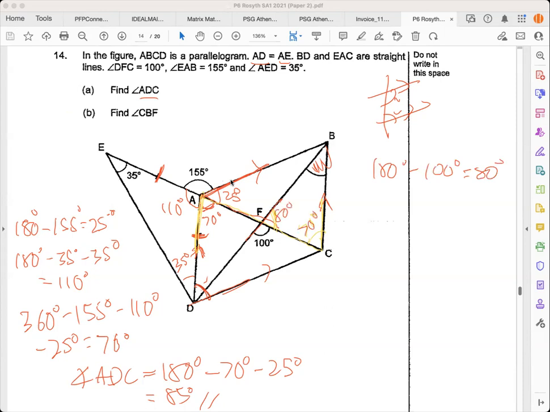So to get the required angle CBF, it will be 180 minus 80 minus 70. That gives me 30 degrees. Okay, that's the answer. 30 degrees, 85 degrees. Let's continue with question number 15.